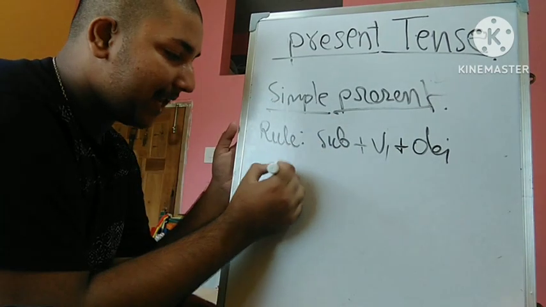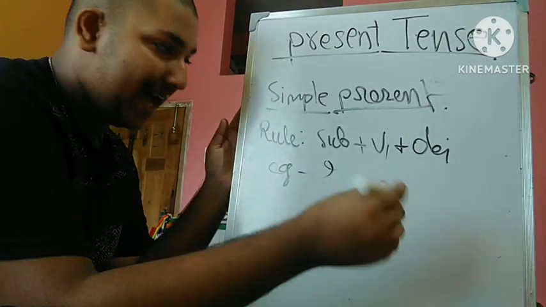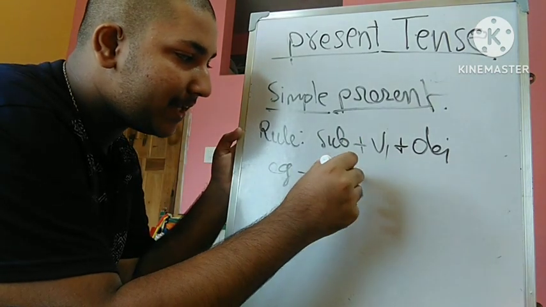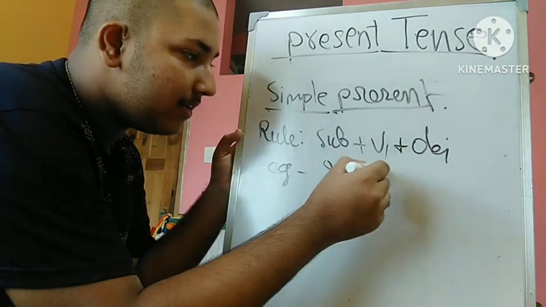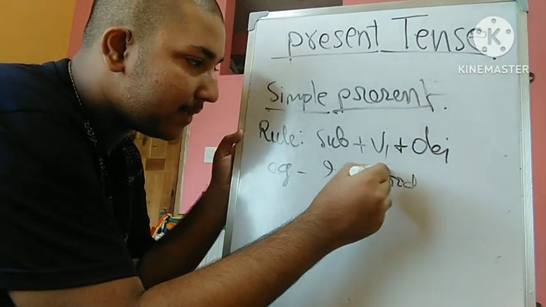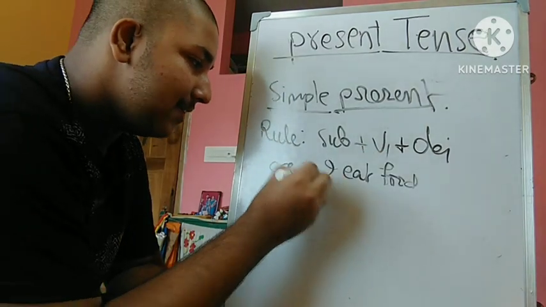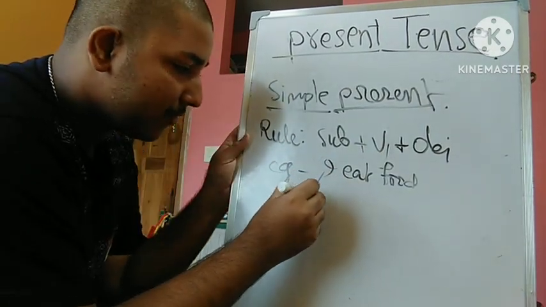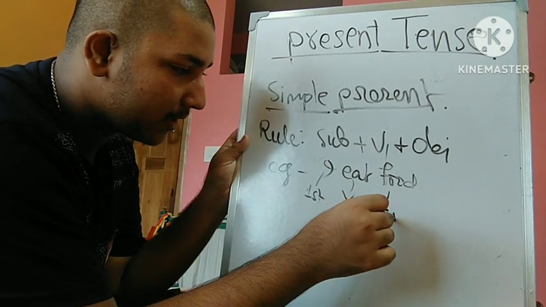Here let us take an example. In subject I am taking first person I. V1 I am taking eat, and object I am taking food. I eat food. So this is first person, as you all know. This is V1, this is object.